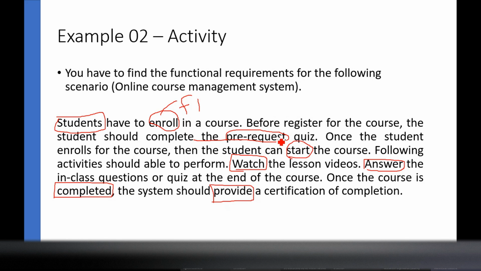Do I need to change it as F1 and modify it? No need, it's okay. You can state it as F2, function number 2. But if you can start from function number 1 here, that's the best, because it provides a very clear flow.